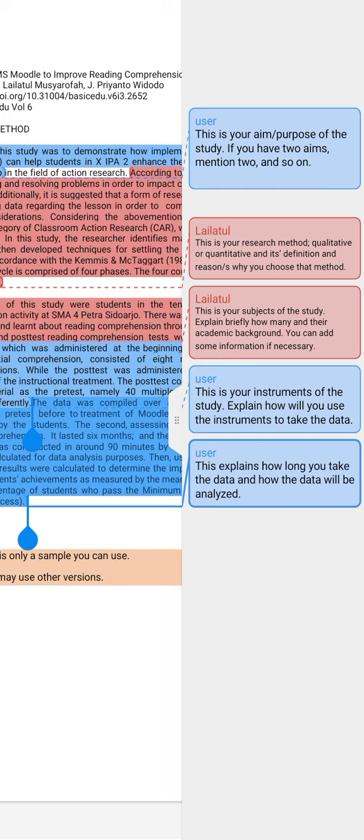As far as those ideas are stated in your research method, you can start with anything, but do not forget the important points that you have to inform in your research method. Okay, my students, this is only one sample. Again, you have to read other references and other versions of writing research method.